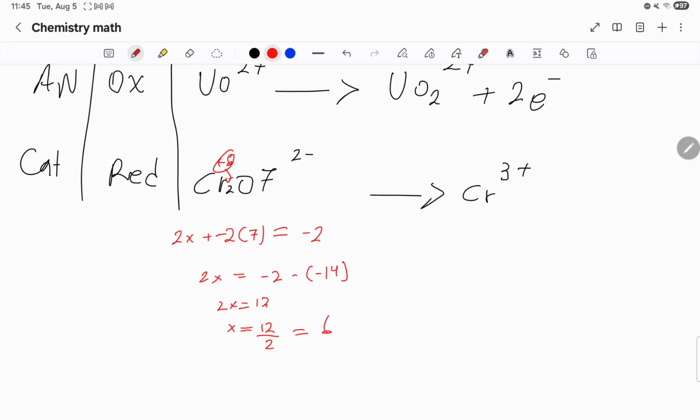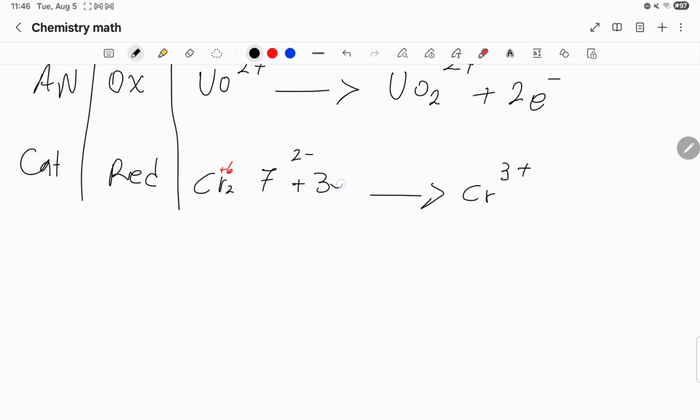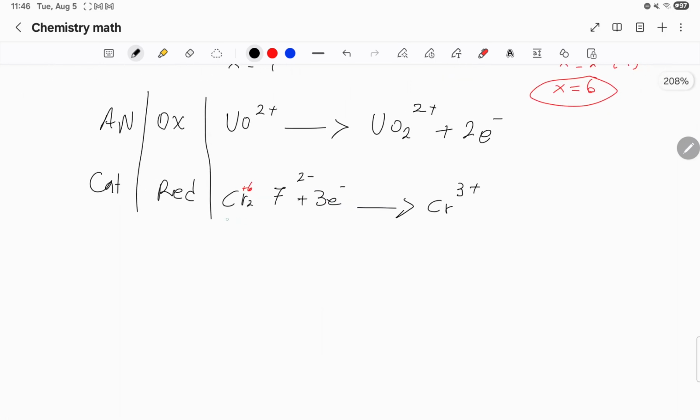Now, if I can do basic math, I will know that there are 3 electrons being exchanged here. So I will write plus 6 here, and thus I will write plus 3 electrons. Why am I doing plus 3?